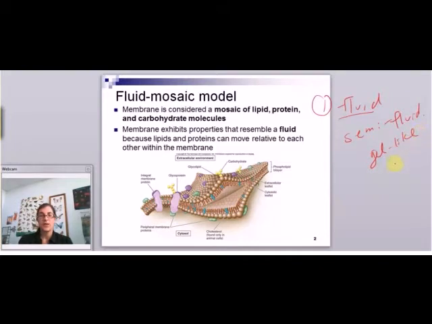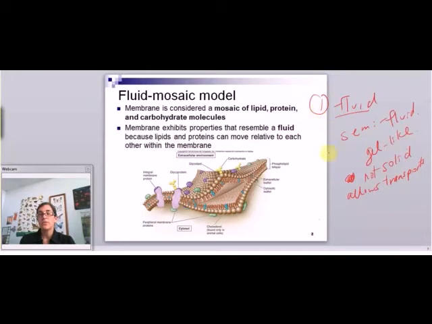If it wasn't a little bit hard, it wouldn't be able to be a boundary. But because it's fluid, it's going to allow materials to pass through. So probably the more important thing about it is it's not solid. If it was solid, it would totally block things from passing. Because it's not solid, it's going to allow transport of materials.